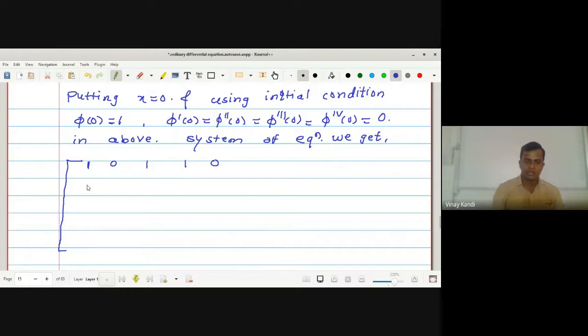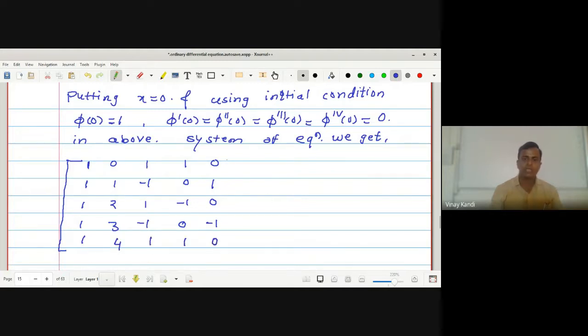And second column, second row. Okay, check later at home. I am writing 1 1 -1 0 1. Third row 1 2 1 -1 and 0. Okay, 1 3 -1 0 -1. Then 1 4 1 1 0.